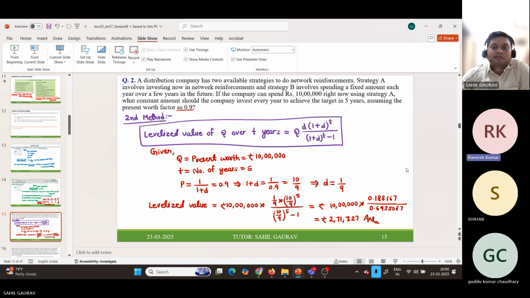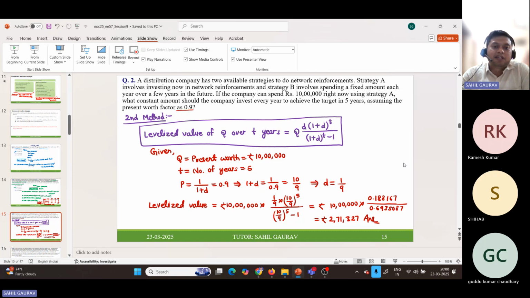Correct, sir. So you can relate this with those who are investing in the stock market, mutual funds, NPS, PPF, so many funds are there. So you can correlate this with your real life.